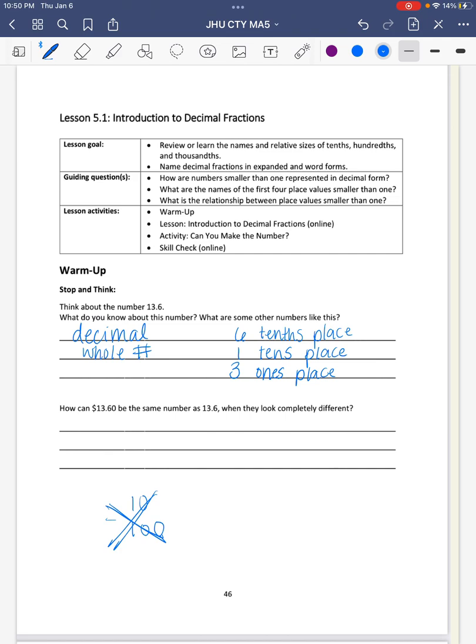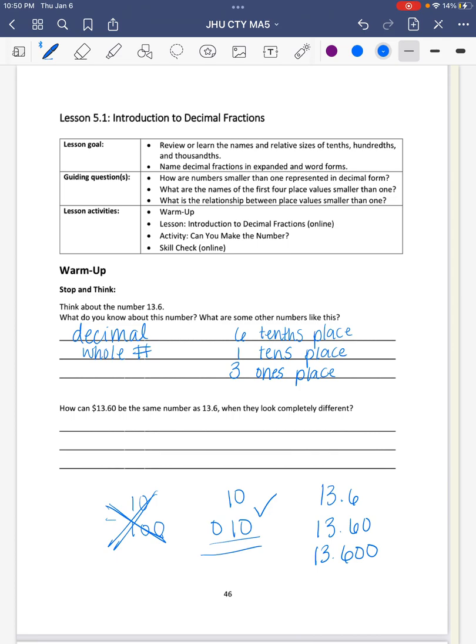But what if I had this? I had 10 and then I add a 0 this way. Is that still 10? Of course, we would never write 10 like this, but those are still the same thing. It works the opposite way once we add a decimal. So 13.6 is the same as 13.60, is the same as 13.600, okay?